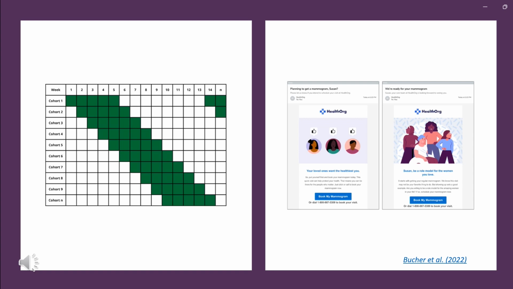The research team didn't look at the effectiveness of this and whether it worked or not. The study was just to assess how feasible this approach was to set up, but presumably there's a clinical trial in the pipeline that will look at efficacy, and hopefully it does improve attendance at mammography screening. So that's one interesting application of reinforcement learning in healthcare.